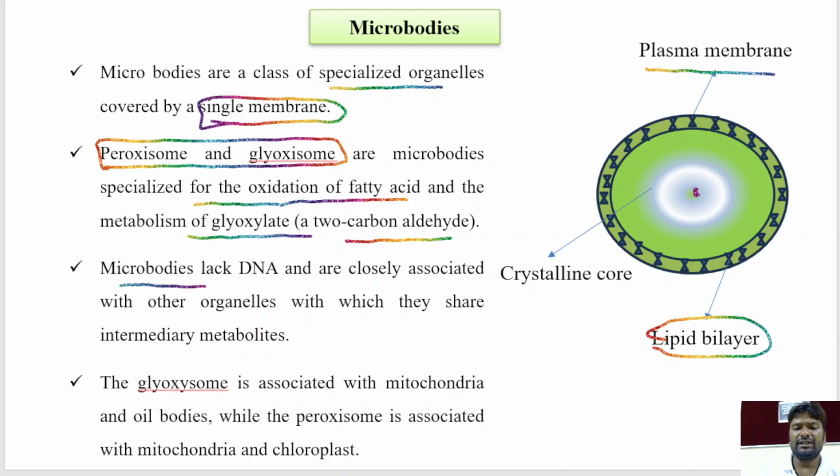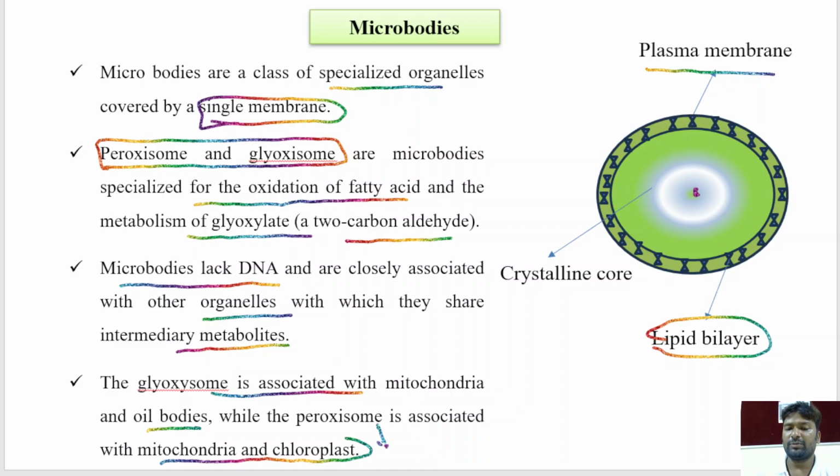These microbodies lack DNA and are closely associated with other organelles with which they share intermediary metabolites. The glyoxysome is associated with mitochondria and oil bodies, while the peroxisome is associated with mitochondria and chloroplasts.